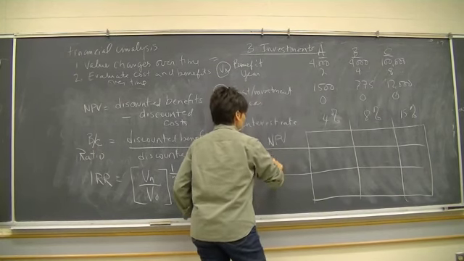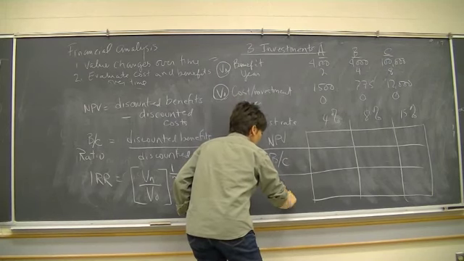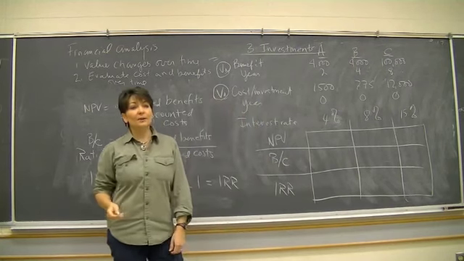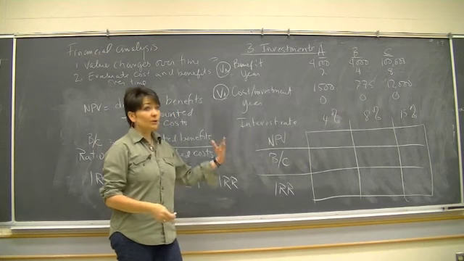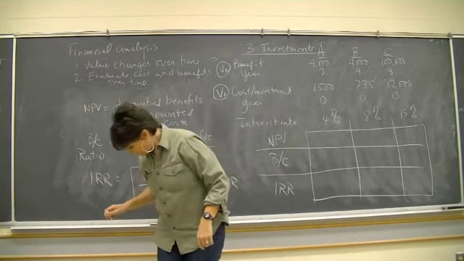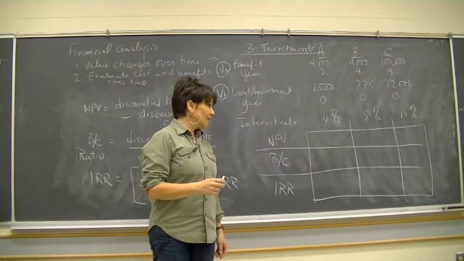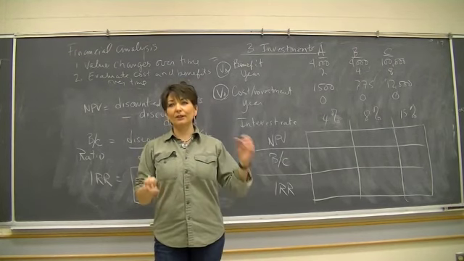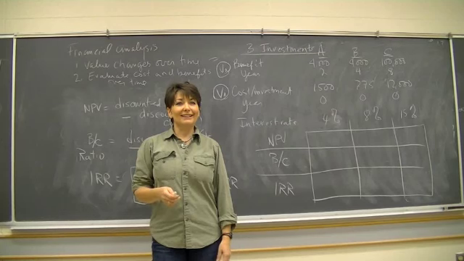Net present value, benefit cost, and IRR. See what numbers you get, and then we'll talk about the evaluation of the different investments. And if you don't have a calculator, or if your phone isn't as fancy, then just sit with someone.